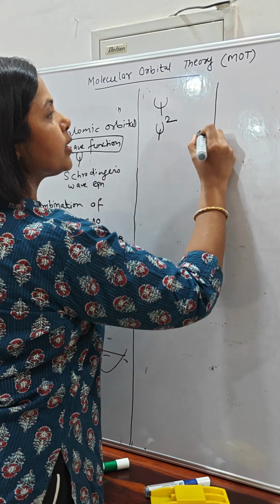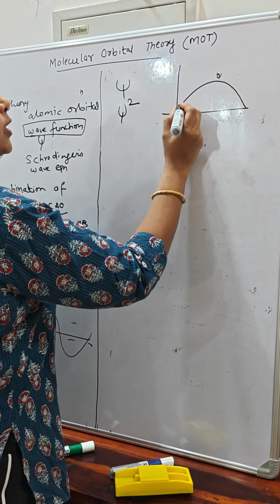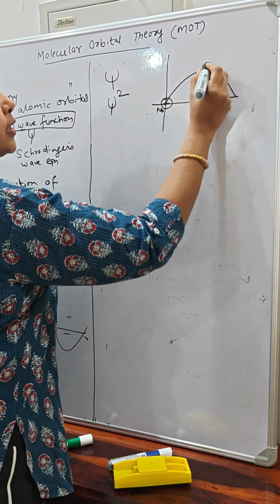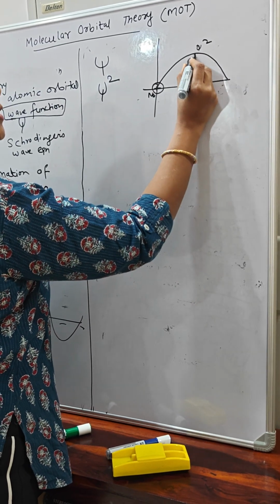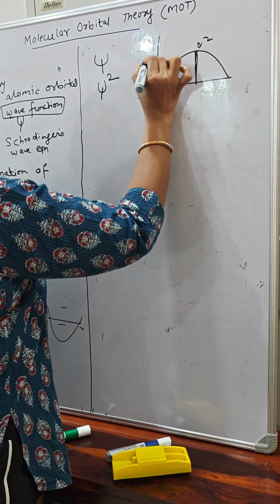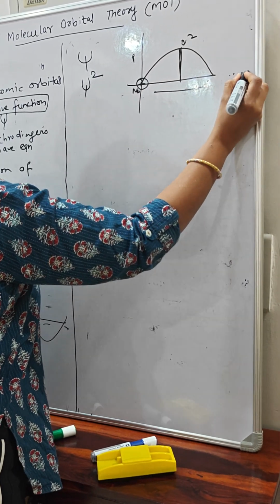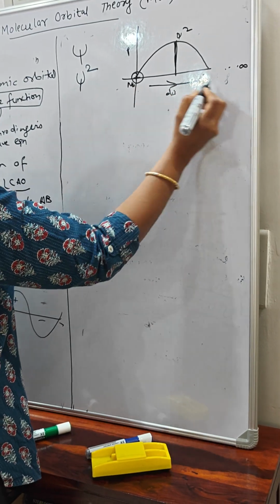So if this is the wave function and this is the nucleus, then this psi square represents the probability of finding electrons. Suppose this is a distance, infinity, so this is the distance from the nucleus.